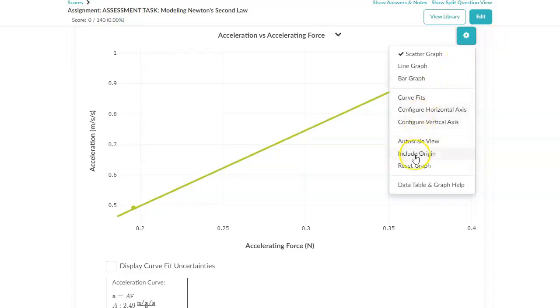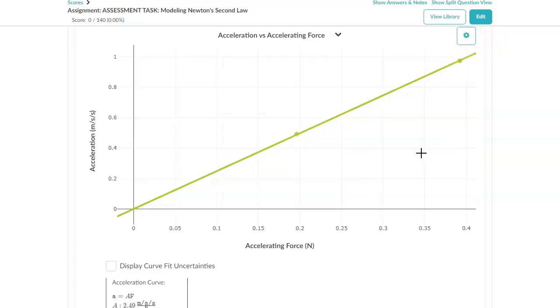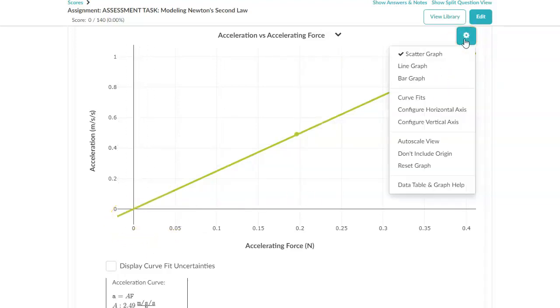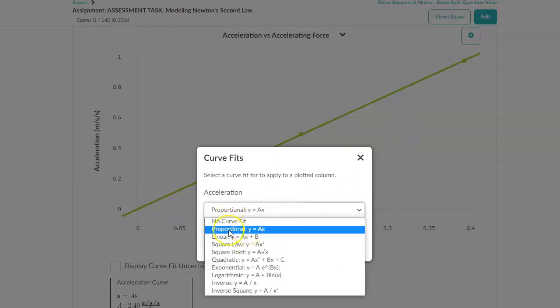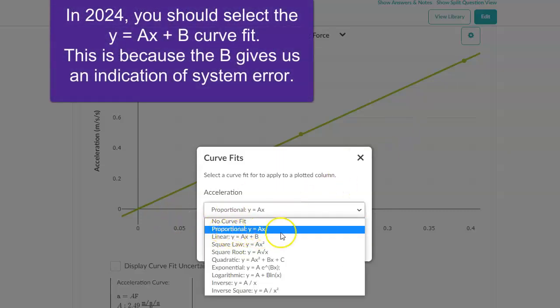So if I go include origin, it'll make sure it starts at 0 on both axes, and then I want a curve fit, so it's always a scatter graph, and on a curve fit or a trend line, we know it's proportional, so we pick the y equals ax.